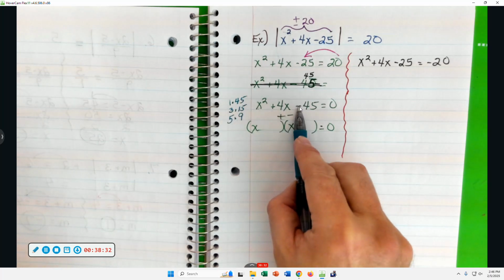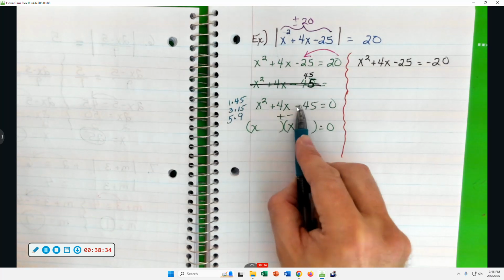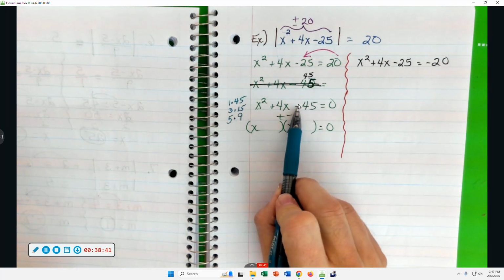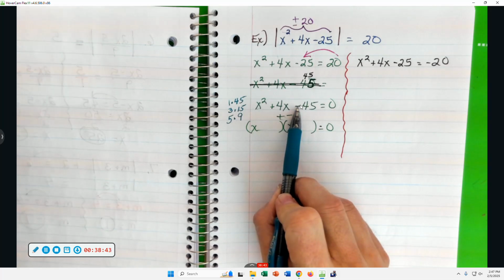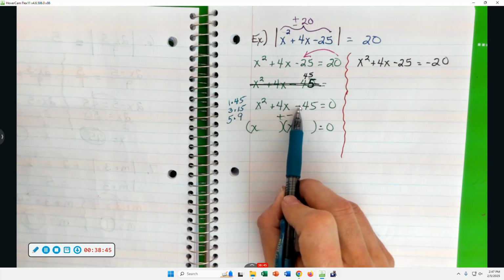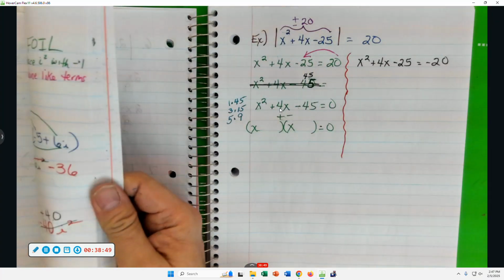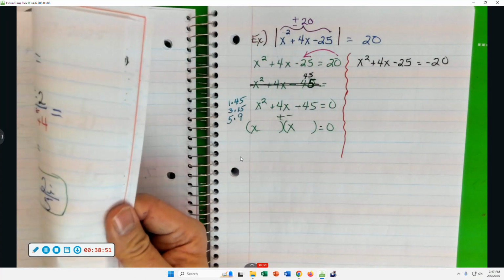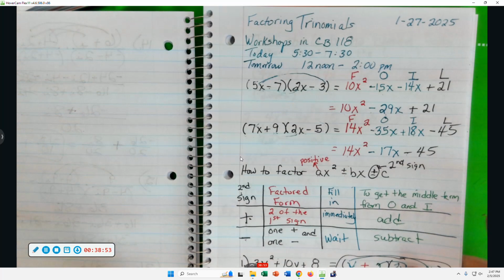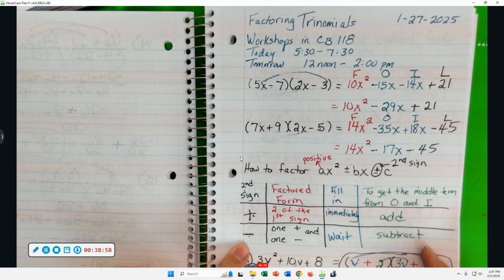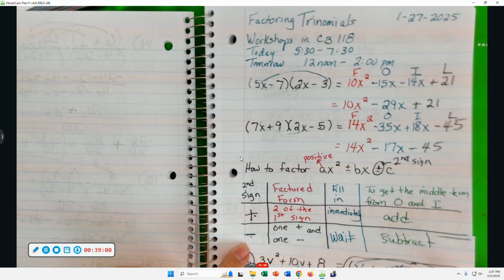I had a question from an online student about this: how do you know whether they're supposed to add or subtract? For a simple trinomial, that last sign says the pair has to subtract to give you that middle number, 4. So which pair will we use? See, like my little table from way back on January 27th, 2025.